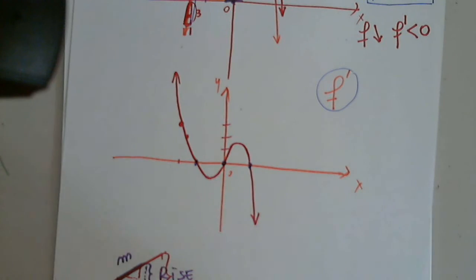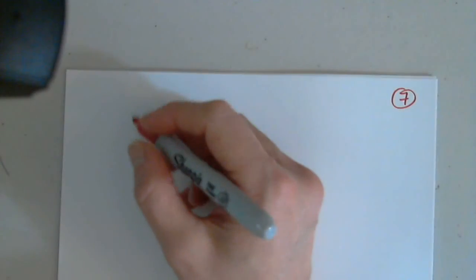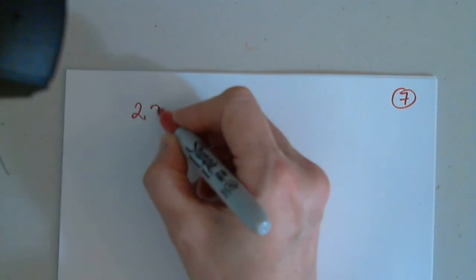Okay, so I think we should go back now to 2.7 because I have a few things to say about 2.7. So that was 2.8, which talked about the derivative function. Now in 2.7 we have two things to talk about.